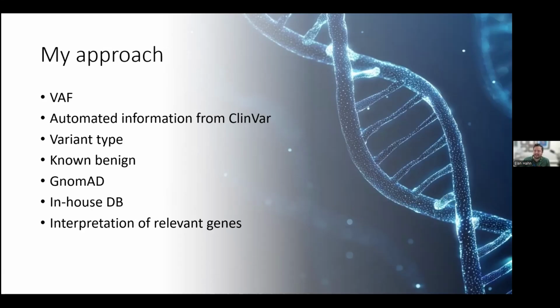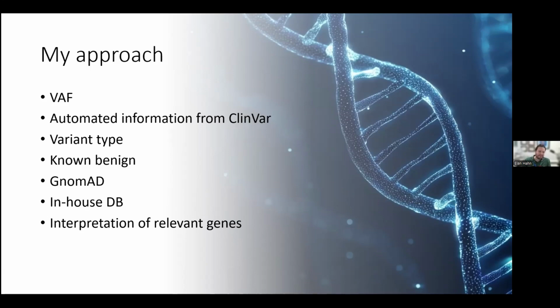So we're going to touch on this again a little later, but this is my general approach to how I look at these cases. I look at the variant allele frequency of the called variant, and I take into account the cellularity of the specimen, but mostly I take into account what our platform is validated to, what's the lower limit of detection in terms of variant allele frequency.